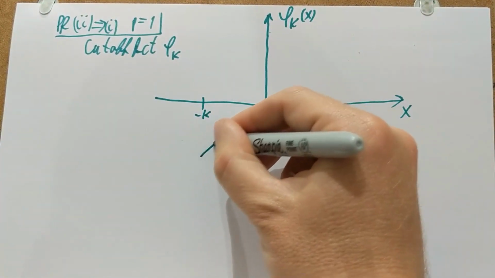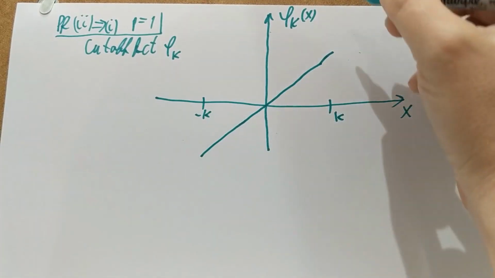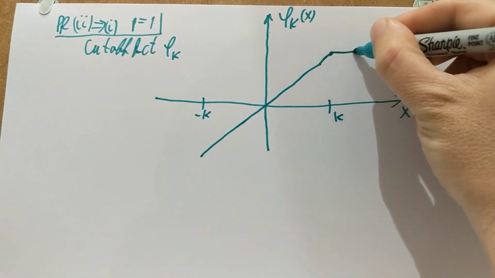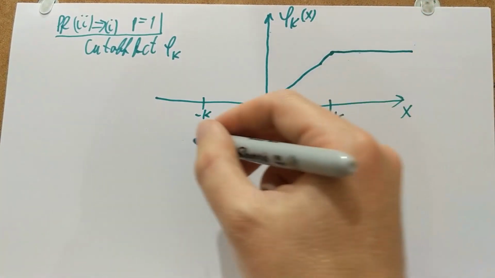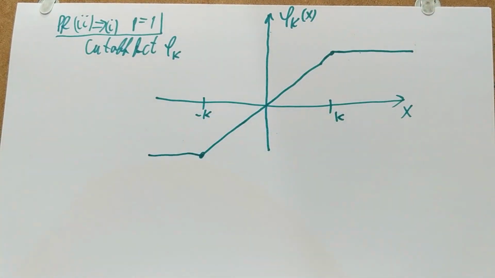Okay, so just identity here, and then it's going to freeze. So it's going to stay at level k whenever x is larger than k, and it's going to stay at level minus k whenever x is smaller than minus k. That's my cutoff function.